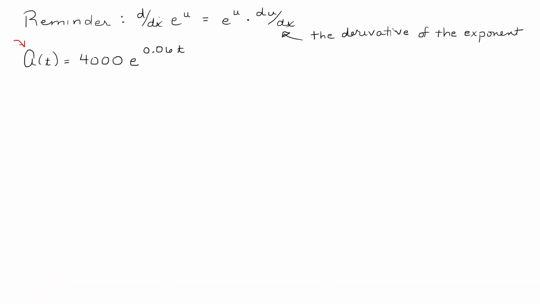And I've put a couple reminders on here for us. When you want to find the derivative of e to the u, that's equal to e to the u times du/dx. And du/dx is the derivative of the exponent.